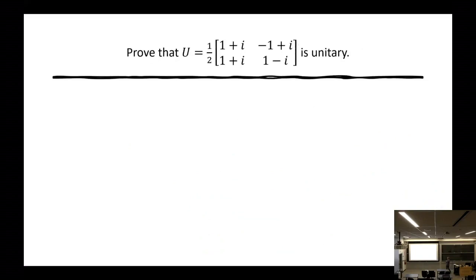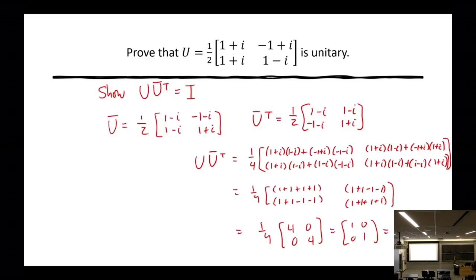So I thought we could spend a few minutes doing a few problems. Let's start with this one. I want you to spend a couple minutes thinking about this. You don't need to prove anything really, just show that this matrix is unitary. All right, I just sped through that, so hopefully I got all the multiplication right.